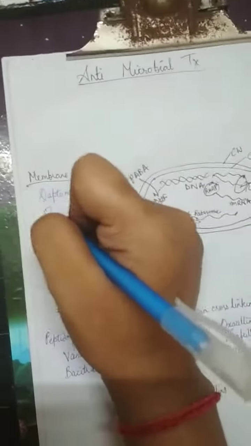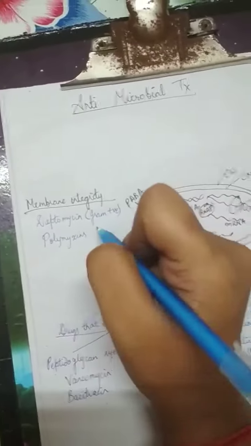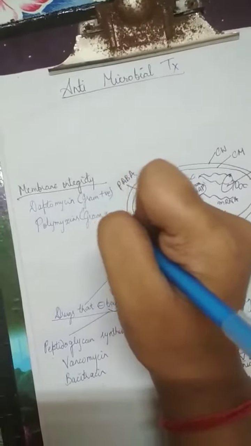Another one is the polymyxins, which act against the gram-negative.